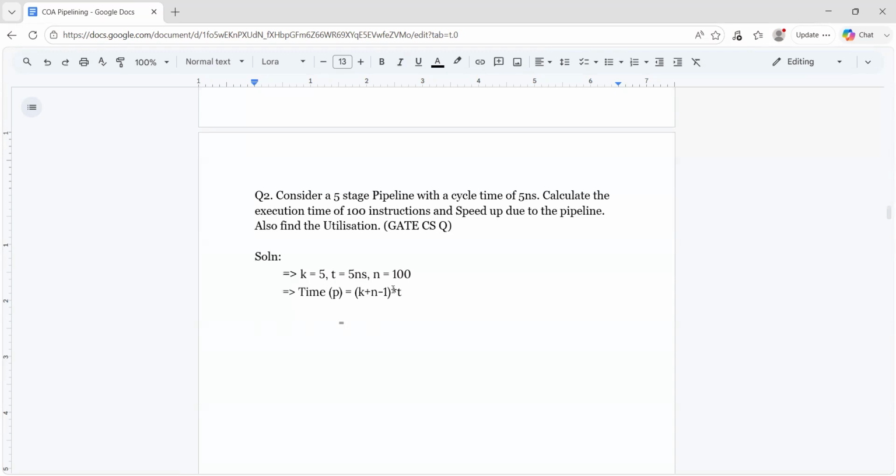On substituting the values, we have 5 plus 99 into 5 nanoseconds, which gives the answer as 520 nanoseconds. Since they have asked for the speedup too, we need to find the time of the non-pipelining case as well.